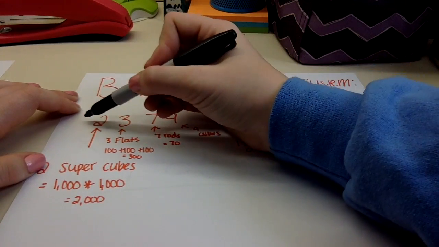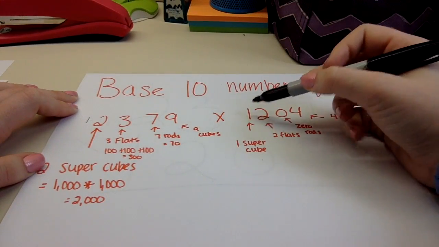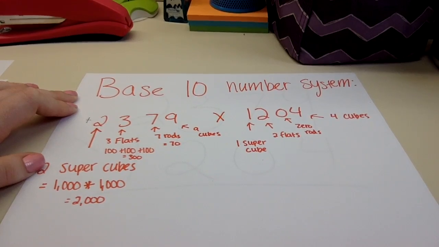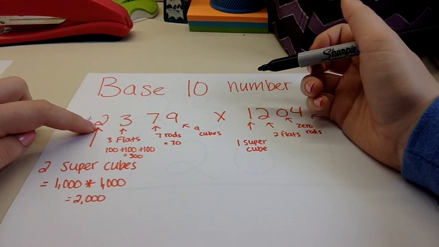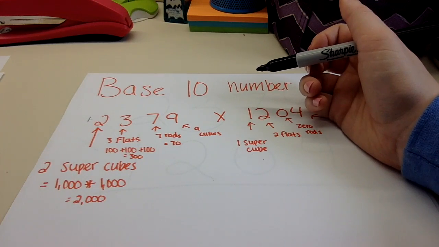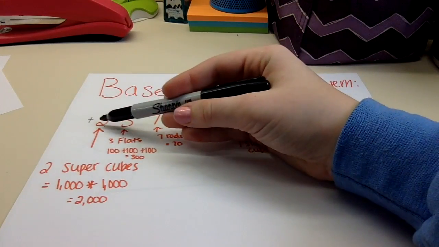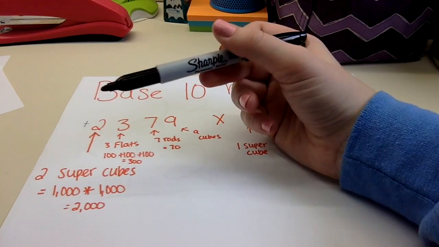So our problem that we have is 2,379 times 1,204. And so I've written out the 2 here, which in this case represents the 2 supercubes. So we know that a supercube is equal to 1,000, and we have 2 of those. 1,000 plus 1,000 gives us 2,000.